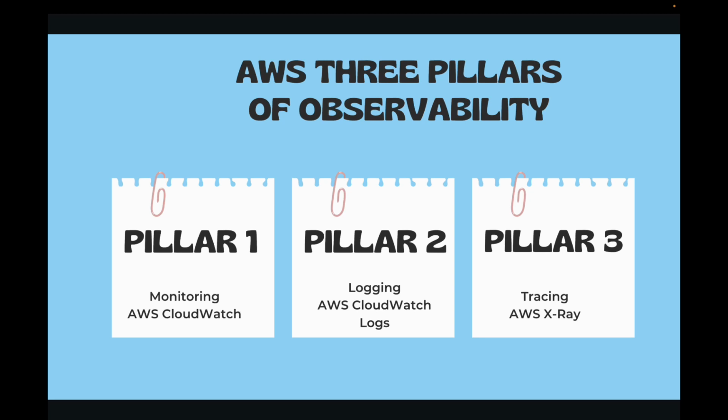Finally, pillar number three, which is really the tracing of what is happening within an application, we have AWS X-Ray, which allows you to trace everything that is happening with an application, right from the user request all the way to serving the reply back. So you can trace everything within an application. So those are the three pillars of AWS observability.